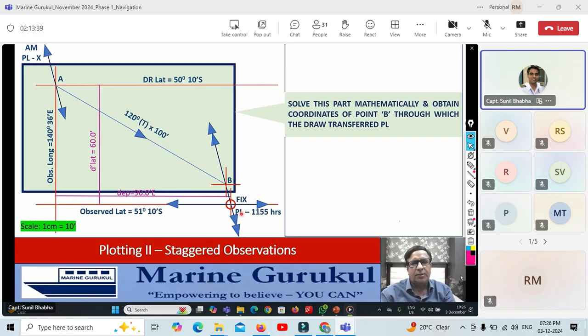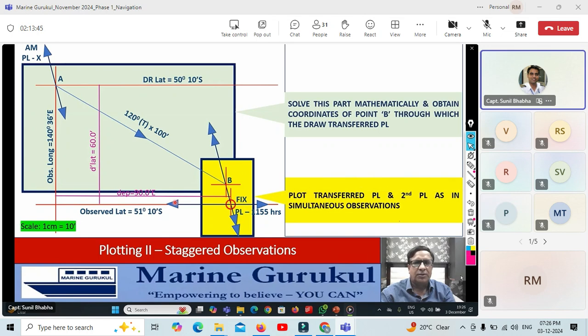Transferred PL and second PL being of the same time, this part of the plot, which is in the yellow box, can be plotted. And though you will be plotting a transferred PL and the second PL, since they are both for the same time, the concept shall be exactly the same as you had done during the simultaneous observations.